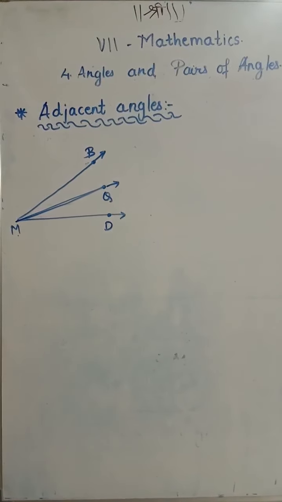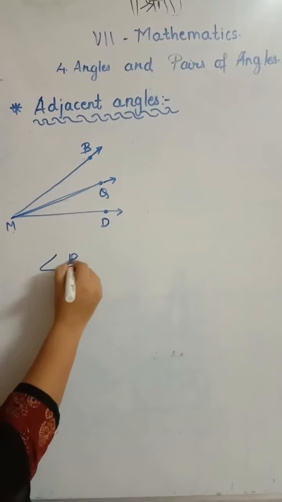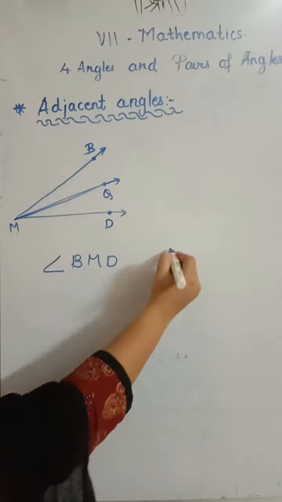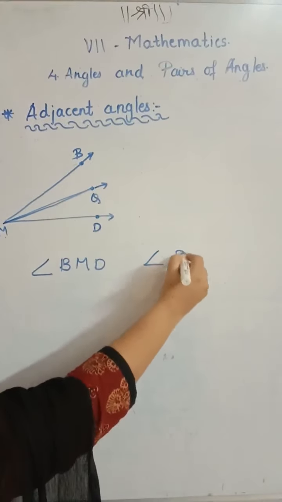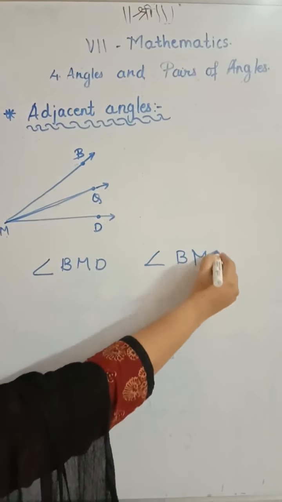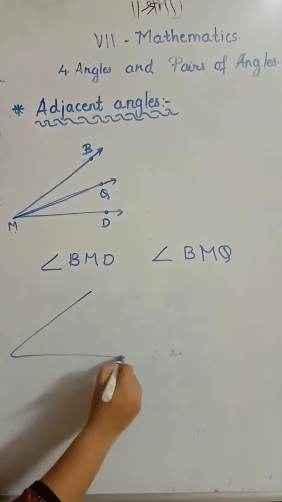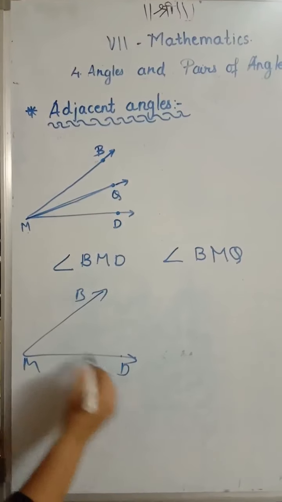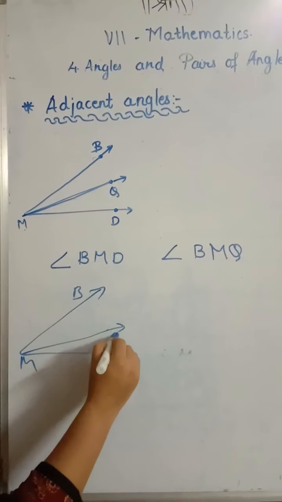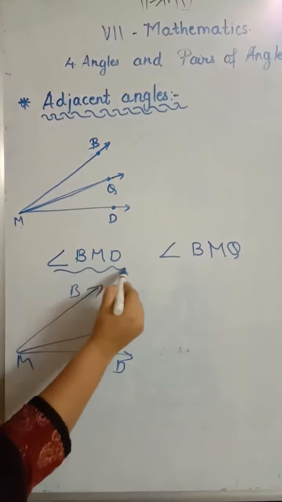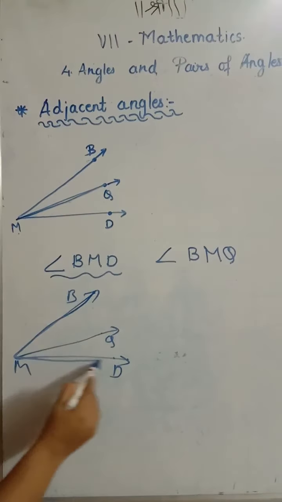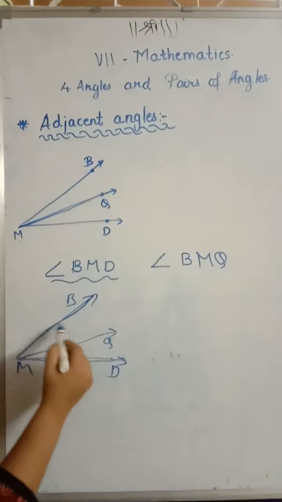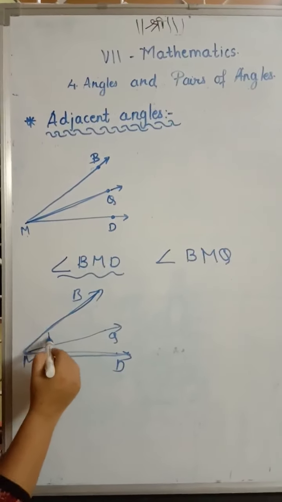Now if I take angle BMD, listen properly, and angle BMQ. For example, I am drawing again: B, M, D and Q. In this way our diagram is. So now this is our BMD, and this will be its interior. Now BMD and BMQ.